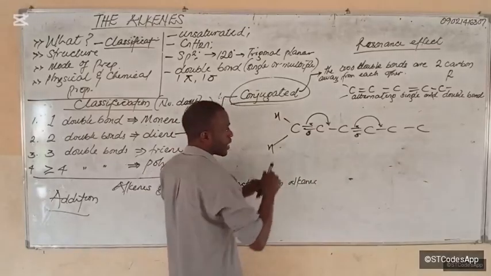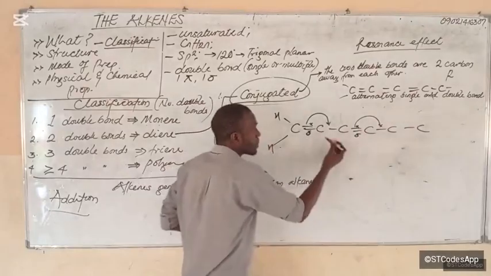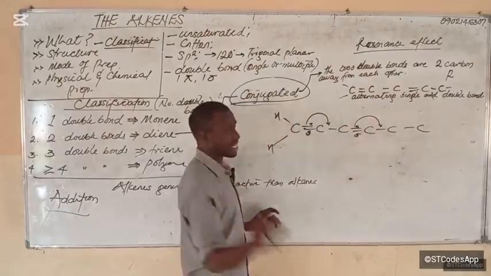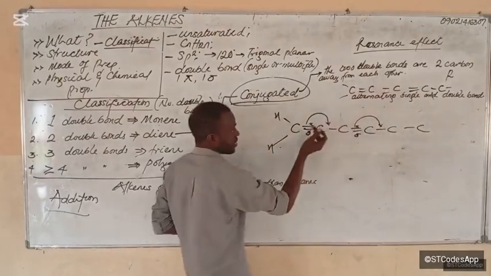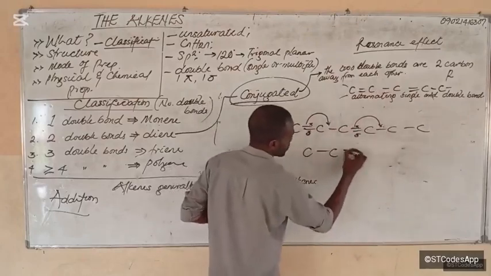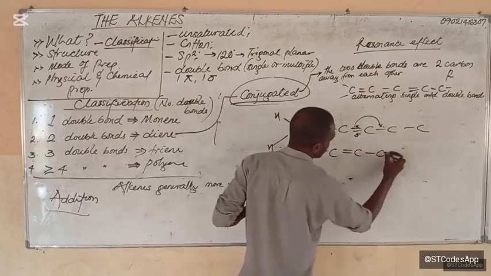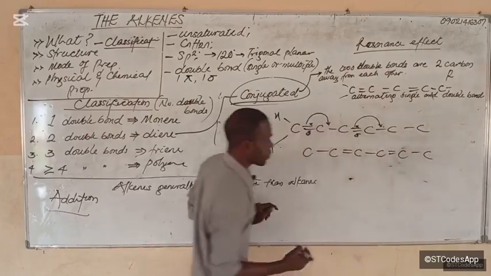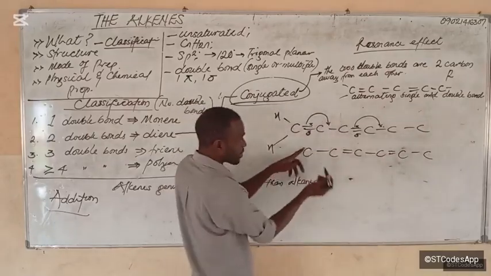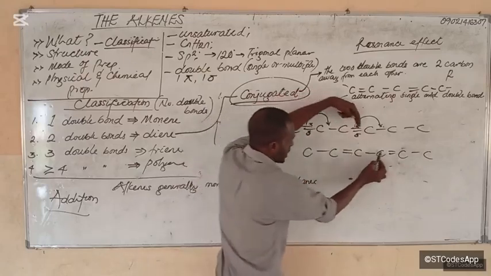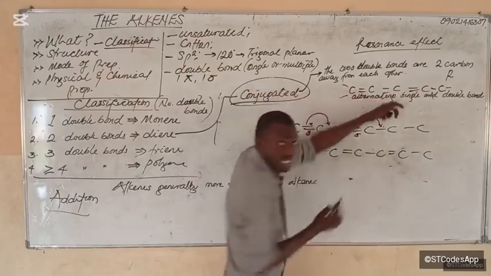I said that these pi bonds, because of this conjugated system, are oscillating between here and here. What that means is that by resonance, this pi bond will come here, this pi bond will come here, and then you have C double bond C, then double bond C and C. It means that at a particular instance in time, this double bond came here, and then you have this, and this double bond came here, and then you have this.